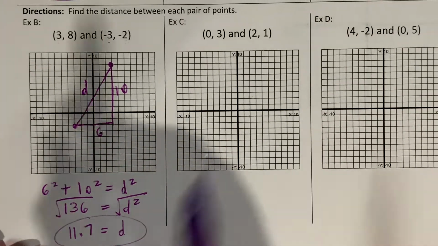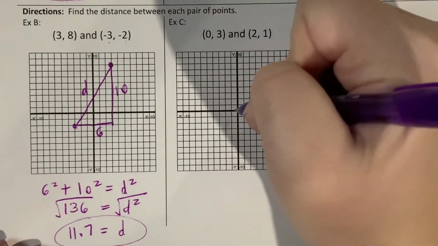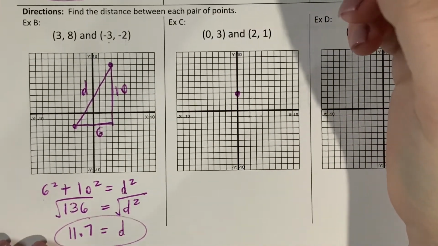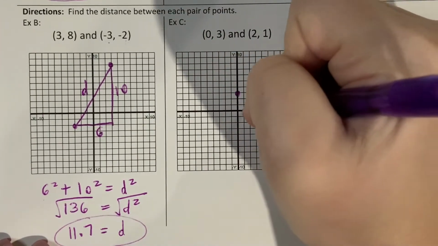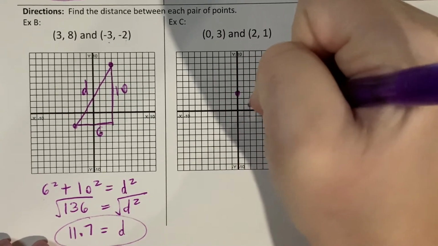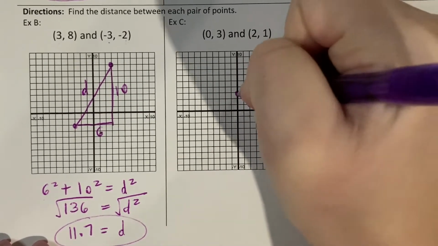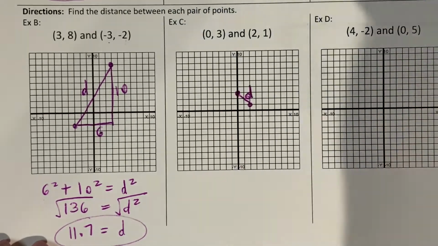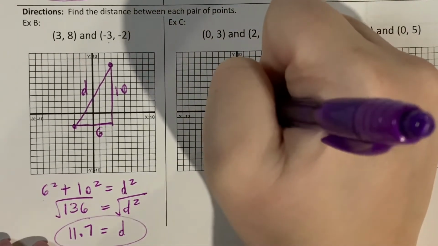So on example C, I've got 2 more points to plot. 0, 3 is 1 point, and then my other point is at 2, 1. So X is 2, Y is 1. This is a very short distance, but I still can't count the number of units because it is diagonal. So I'll label that as D, and I need to create my right triangle.